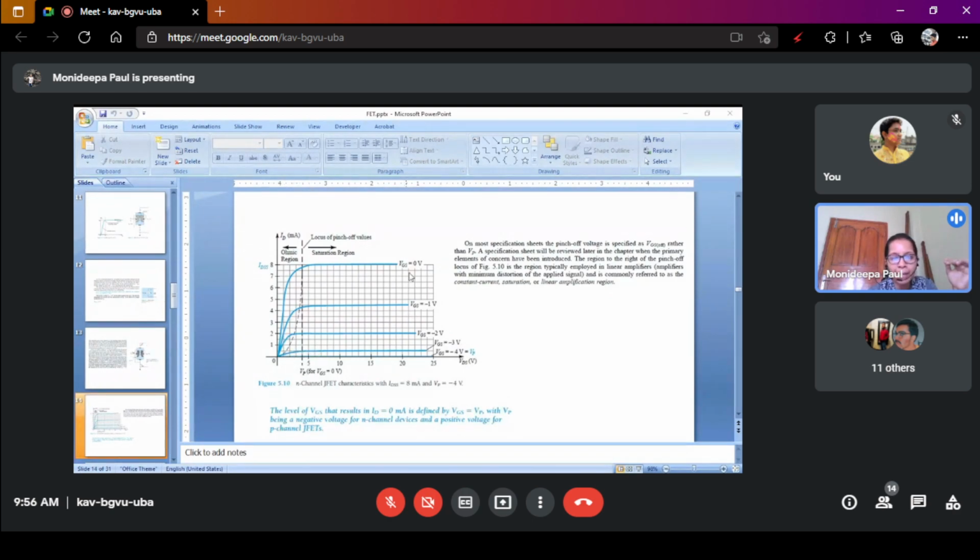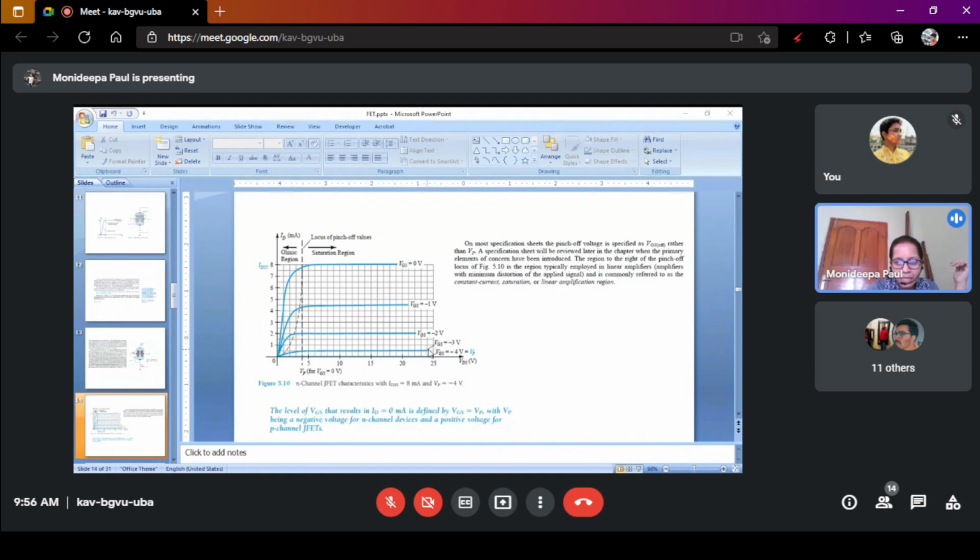When VGS is 0, the saturation current is 8 milliampere. When VGS is minus 1 volt, you see the graph, the saturation current is about 4.5 milliampere. VGS minus 2 volt, saturation current is 2 milliampere.